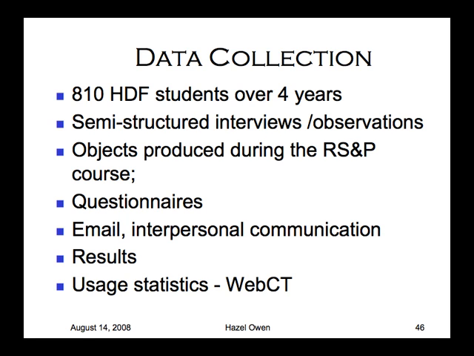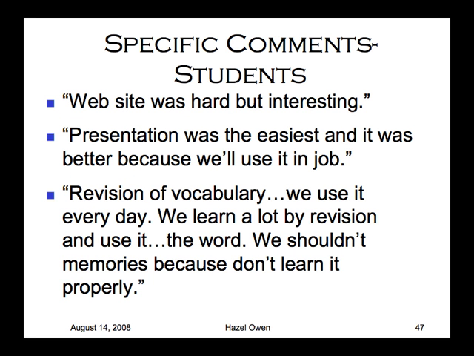810 students over 4 years were involved in a study, as well as other stakeholders such as teachers. The students found some of the tasks quite difficult but quite challenging.